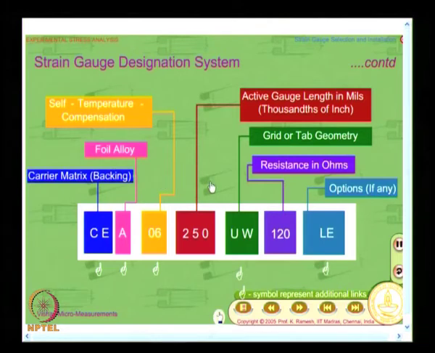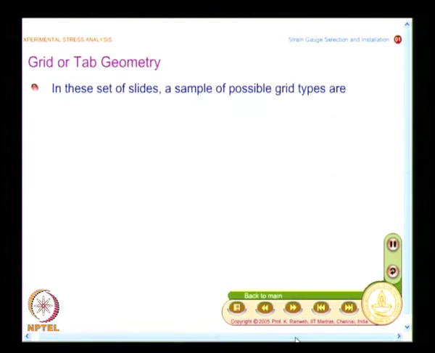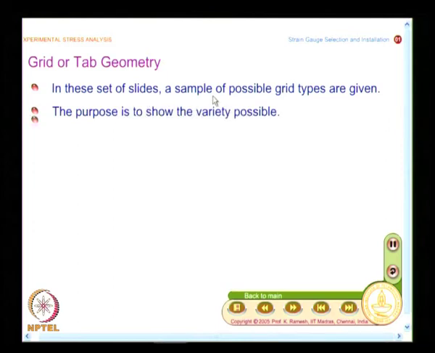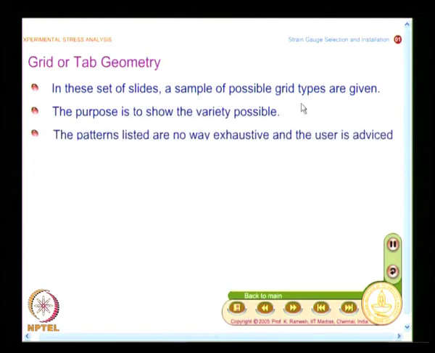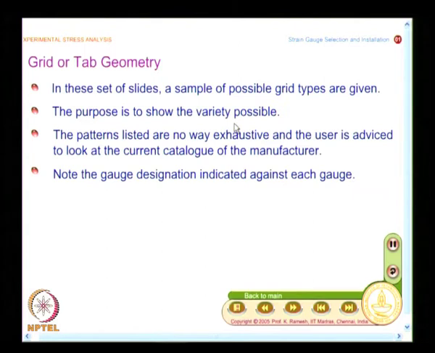So, now we focus our attention on what are the grid and tab geometry available. What I try to provide in these set of slides is only a sample of possible grid types, because you need to know what is the variety possible. A strain gauge is not just a single set of loops.